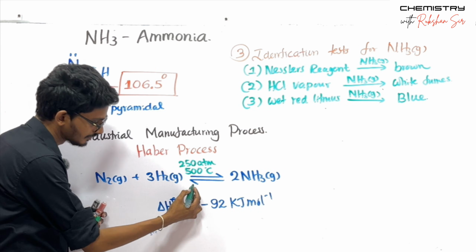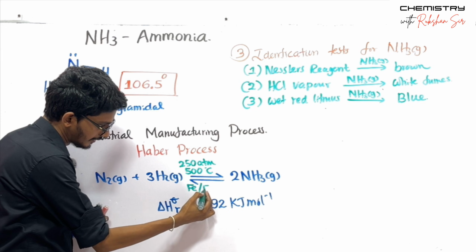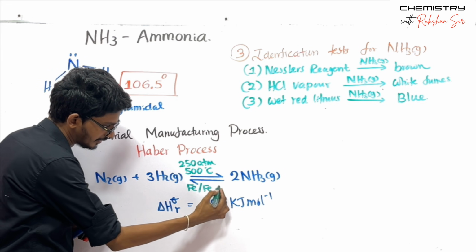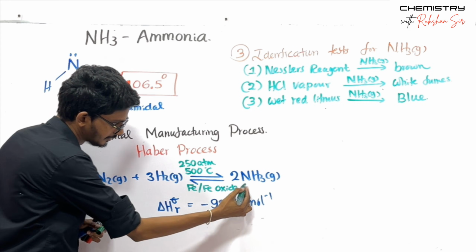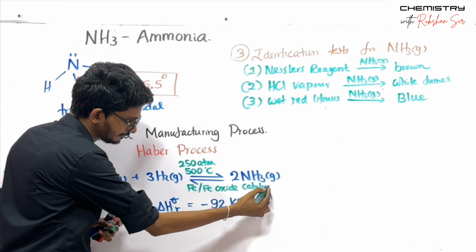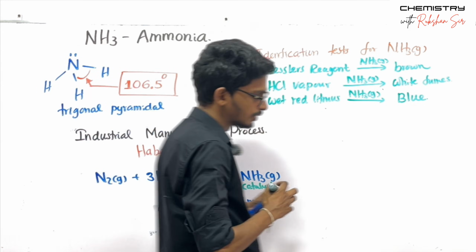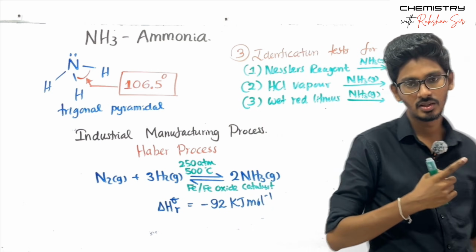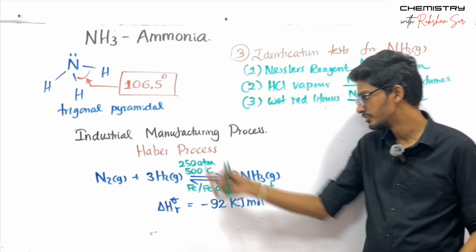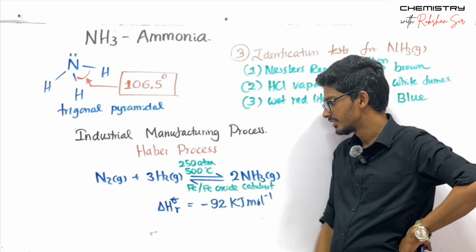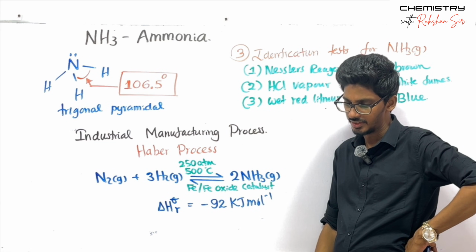Fe oxide catalysts are needed. So with these conditions only, we are able to produce ammonia. 250 atm, 500 Celsius, ferrous oxide catalysts are needed.